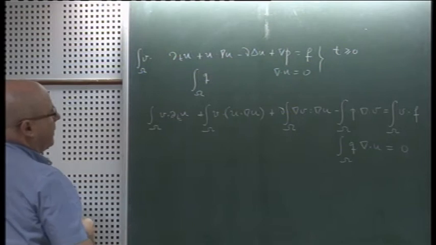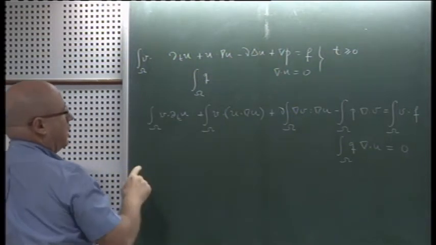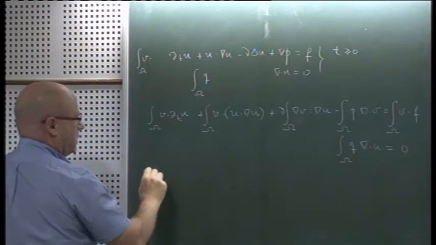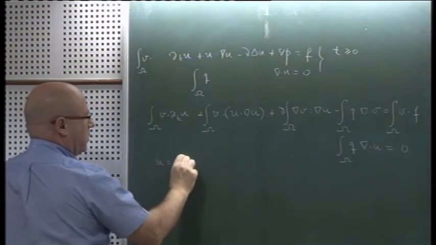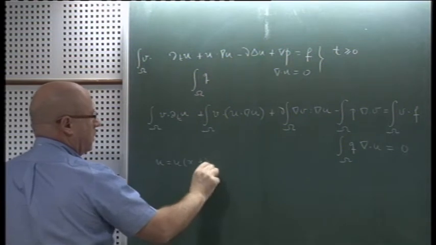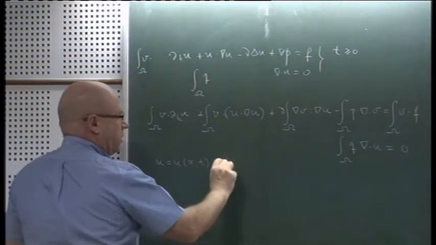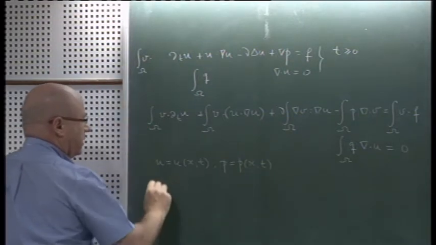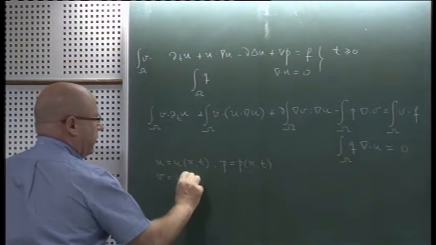So given a time t, we can multiply that equation by the test function v. So the first point is that velocity will be a function of position and time, and likewise pressure will be a function of position and time, but the velocity test function will be only a function of position.